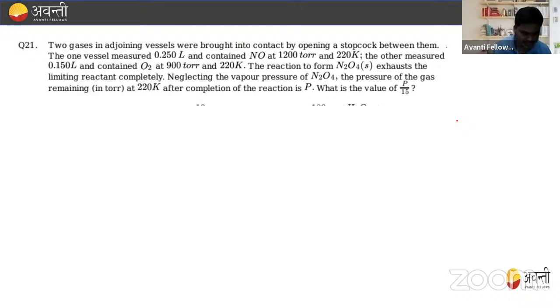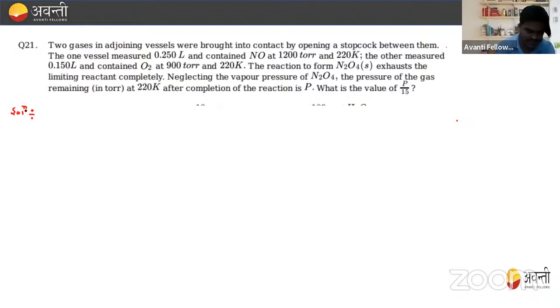For the other vessel, the volume is this and it contained O2 at 900 torr and this much temperature. The reaction to form N2O4 exhausts the limiting reactant completely, neglecting the vapor pressure of N2O4. The pressure of the gas remaining, in torr, at 223 Kelvin after completion of the reaction is P. So you have to calculate the value of P here.